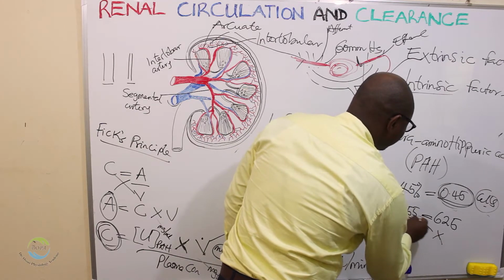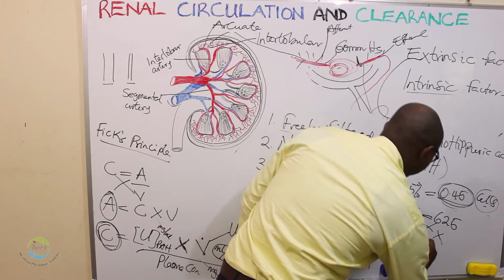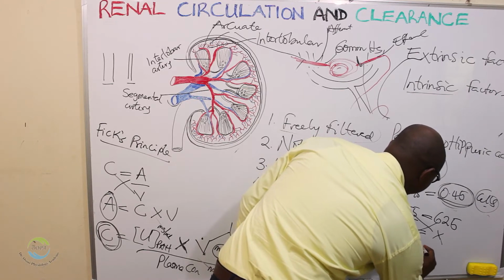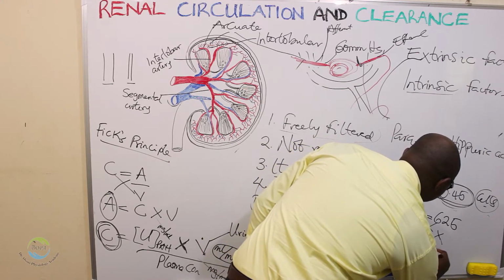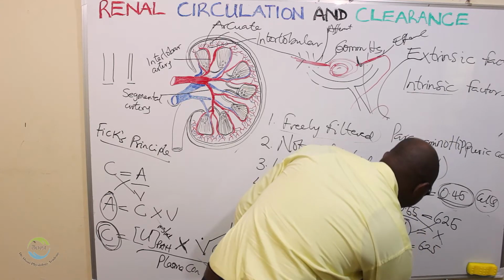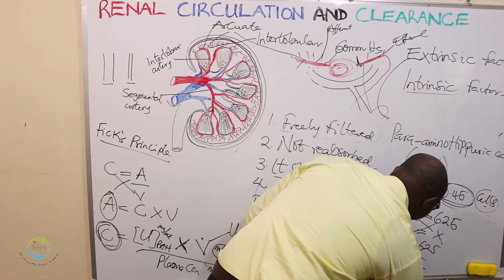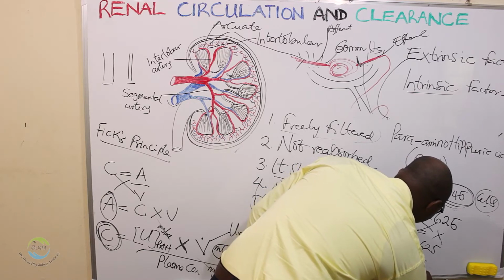So you cross multiply. 0.55x is equal to 625. So the x now is equal to 625 divided by 0.55.